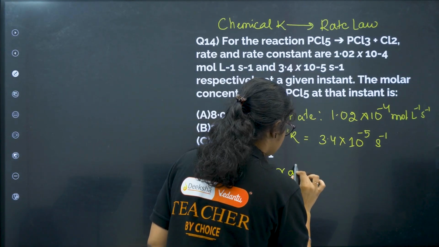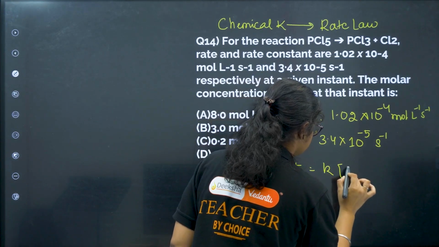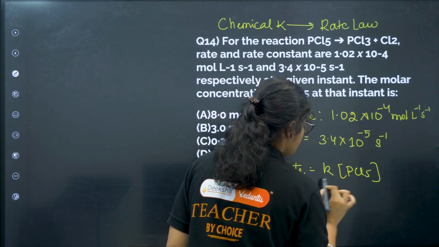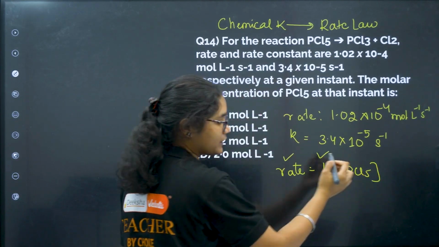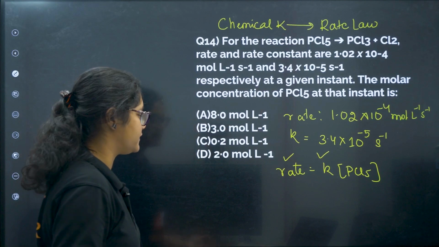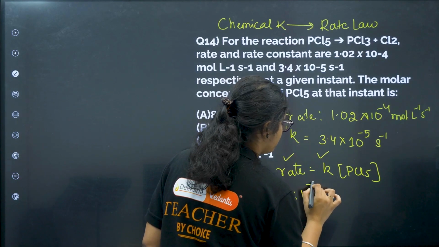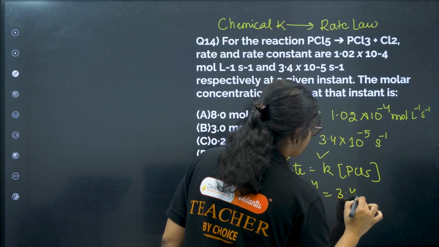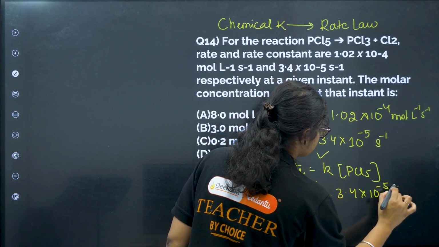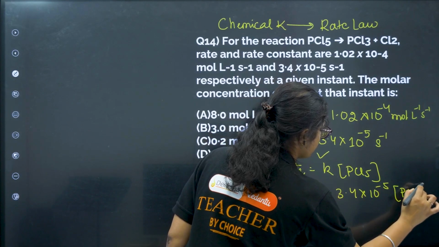So let us write like this: rate is equal to K into concentration of PCl5. I have this value and this value, can we not calculate the PCl5 value? Yes, definitely. Just substitute here: 1.02 into 10 to the power of minus 4 is equal to 3.4 into 10 to the power of minus 5 into concentration of PCl5.